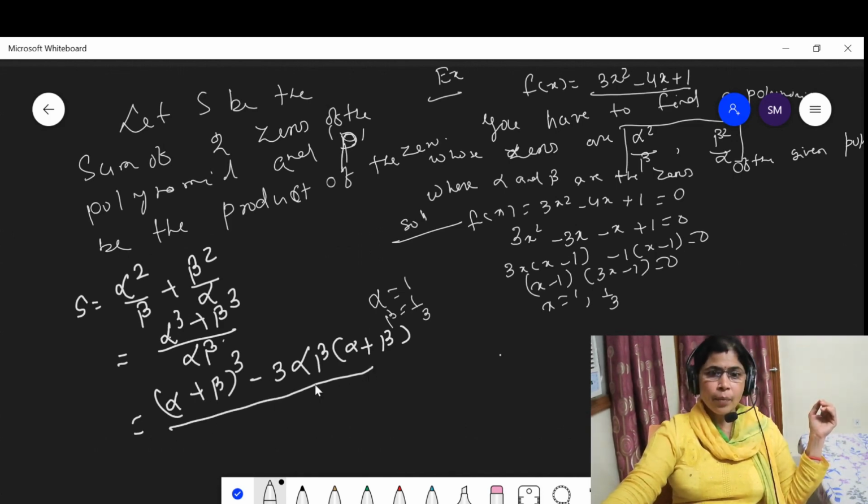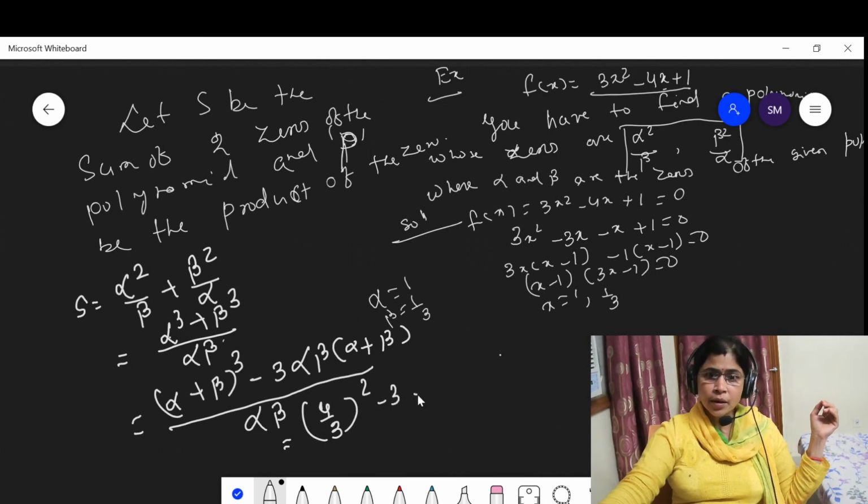Then upon alpha into beta. Here alpha plus beta is equal to sum of 1 plus 1 upon 3, this is 4 upon 3 whole square, minus 3 into alpha into beta is 1 upon 3 into alpha plus beta is 4 upon 3, upon alpha into beta is 1 upon 3.